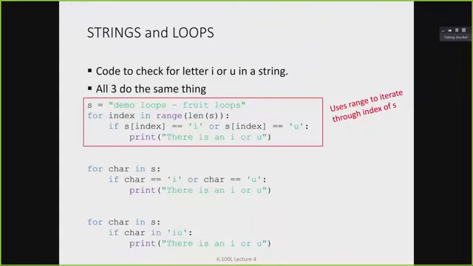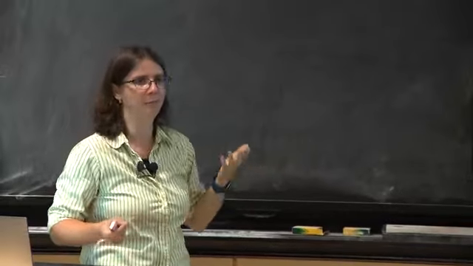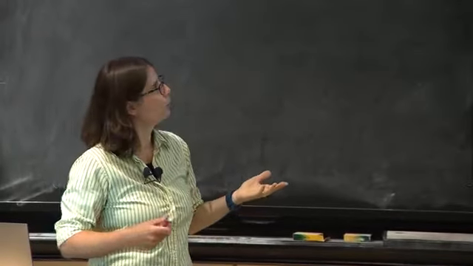But this code can actually be written a lot simpler. Notice it took me a little bit of a while to explain it, and probably at first glance, it would take you a little bit of time to figure out what it's doing. And that's because we're relying on the index as kind of a middleman, right?